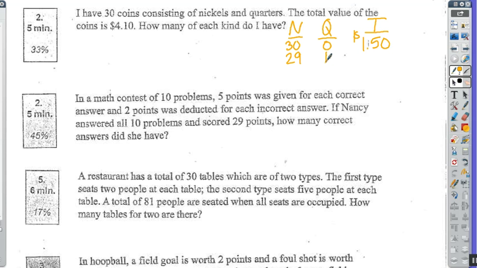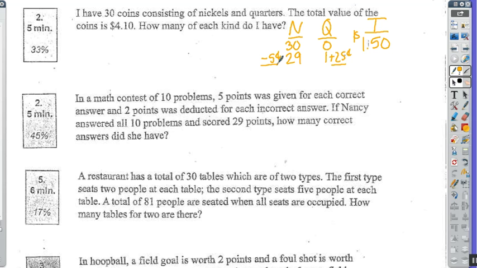If I always have to have 30 coins, if I take one nickel away, that means I'm going to add a quarter. So if I take a nickel away, I'm losing 5 cents. But if I add a quarter, I'm gaining 25 cents. So by taking away 5 cents and adding 25 cents, I'm actually gaining 20 cents. This is minus 5 cents, this is plus 25 cents, and 25 cents minus 5 cents gives me 20 cents.